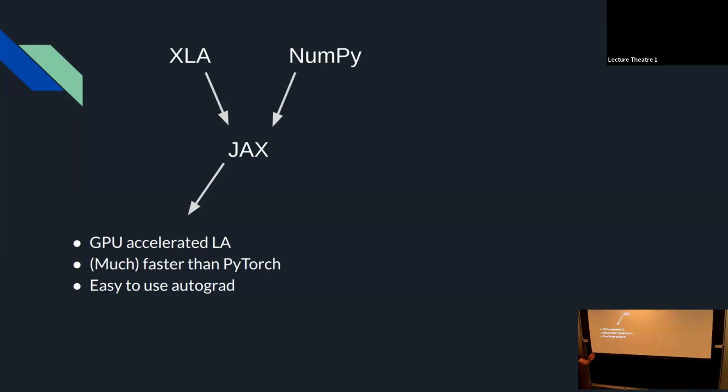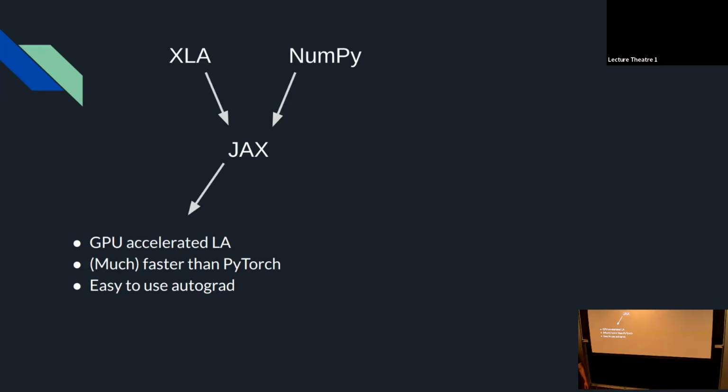It uses in the background XLA, which used to be first used for TensorFlow, but TensorFlow has a clunky UI, so Google made JAX to sort of bring XLA to the nice and widely used UI of NumPy. So because all of JAX looks pretty much like NumPy, I'm sure anyone who's familiar with NumPy will find at least the basic stuff in JAX very easy to use.